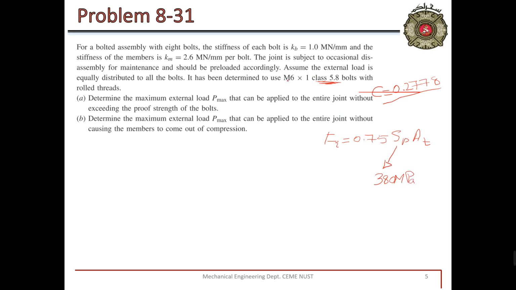Similarly, for the M6 bolt, check the value of At. It will be in table 8-1 because it is in millimeters. At is equal to 20.1 mm squared.